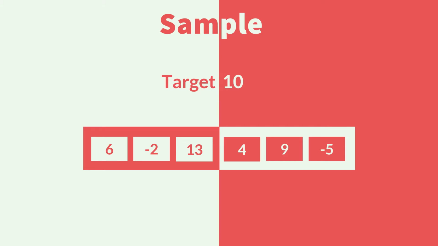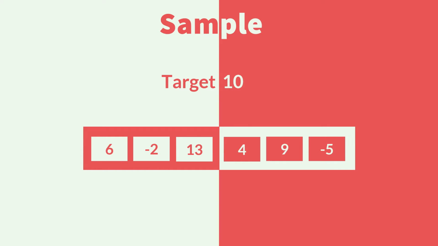And when we add 13 to 6, we get 19, and the only way any number from the array would get us closer to the target by adding it with 6 is by picking a number that is lesser than 13. So the basic intuition that would come to our mind is to sort the given array and then proceed from there on.